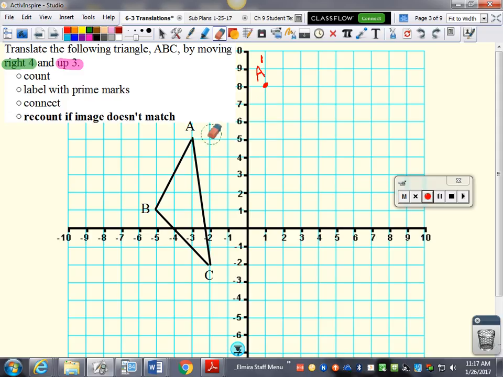All right, let's do the same thing again, starting from B. 1, 2, 3, 4 boxes to the right, and 1, 2, 3 boxes up. I put a dot there and label that with a B and the prime mark.